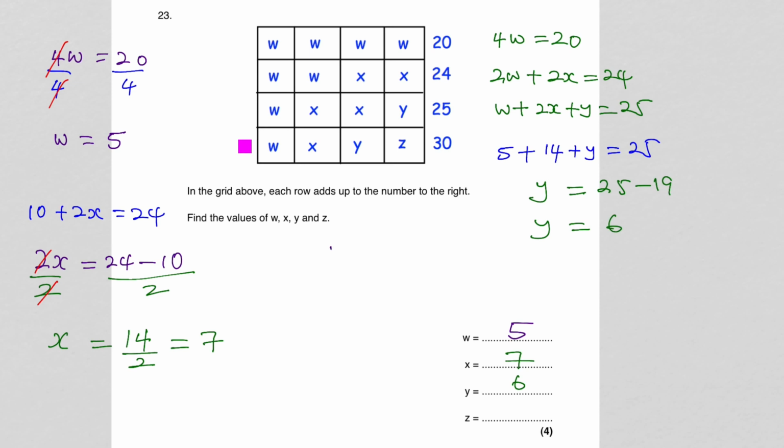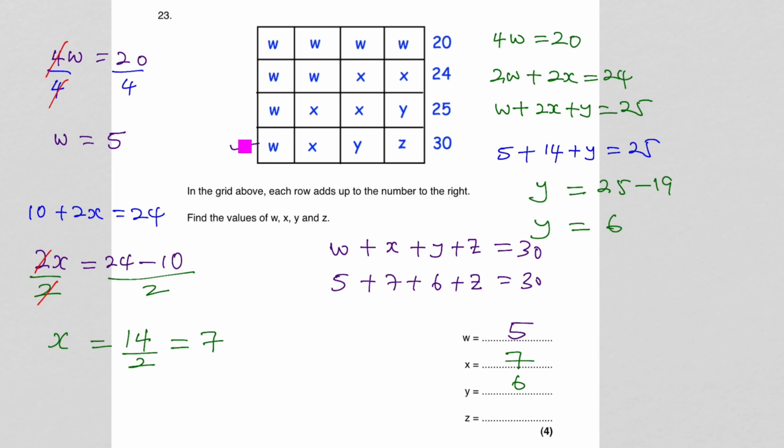Then the final one to do is the final equation here that says w plus x plus y plus z equals 30. So that's that one here. Now I know what x, w, and y are, so I can plug this in, I can find z. w is 5 plus 7 plus 6 plus z equals 30.